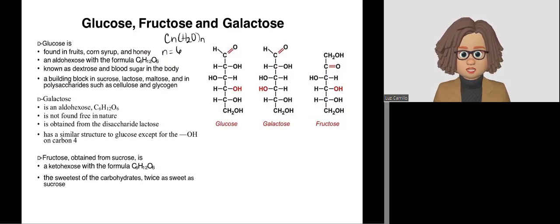Now, when we compare the structure of galactose and of glucose, it is important to note that the structural difference for these molecules is at carbon number 4. So we can see that in glucose, the OH group is pointing towards the right. And in galactose, the OH group is pointing towards the left.